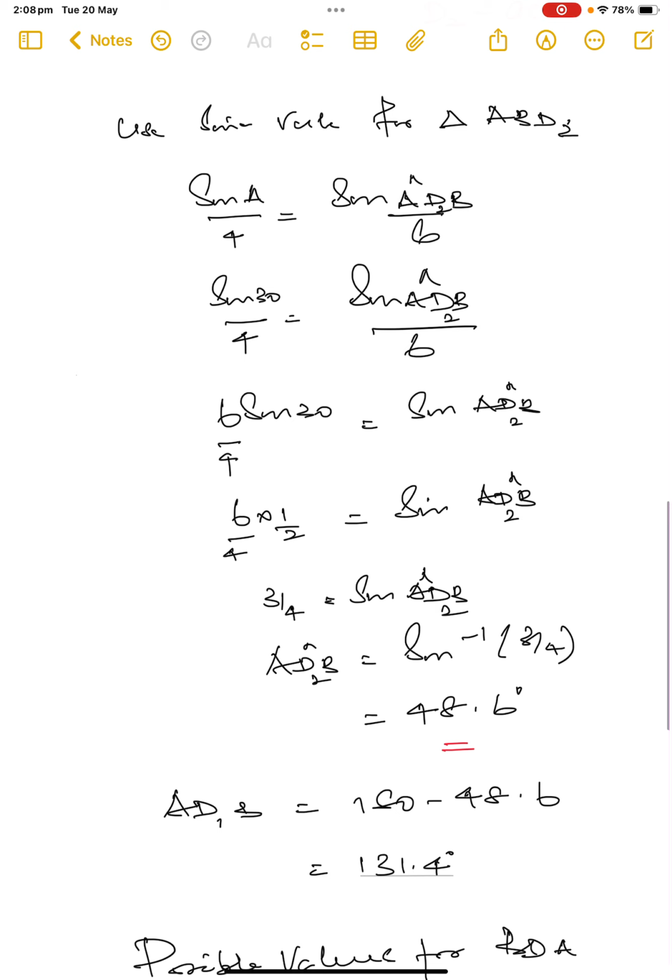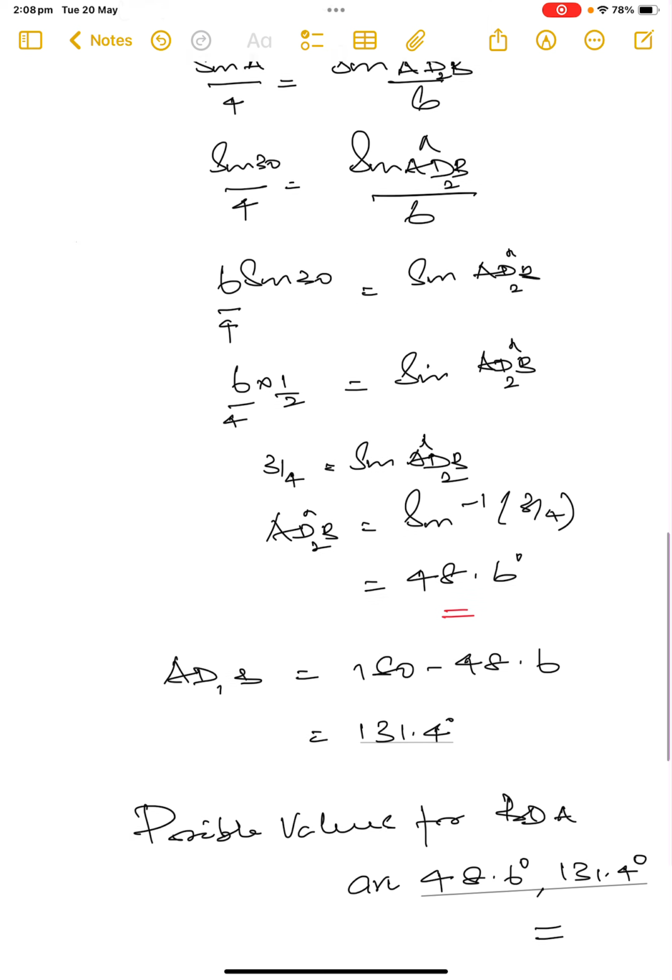Then cross multiplication: 6 over 4 sine 30 equals sine AD2B. 6 over 4 times half will be 3 over 4. So sine AD2B is 3 over 4. Therefore, AD2B equals sine inverse 3 over 4. Again, use the calculator, and the value of AD2B is 48.6. This is an acute angle.